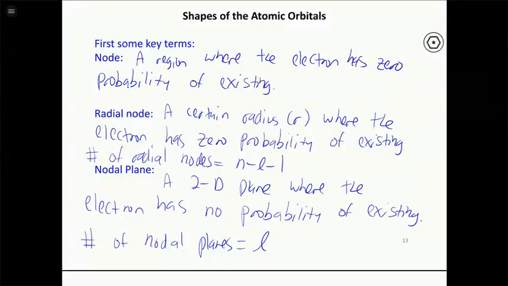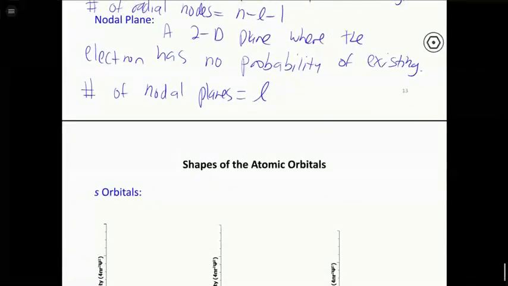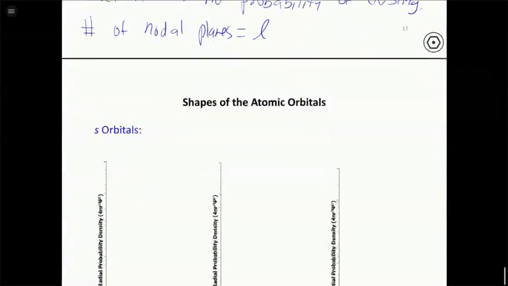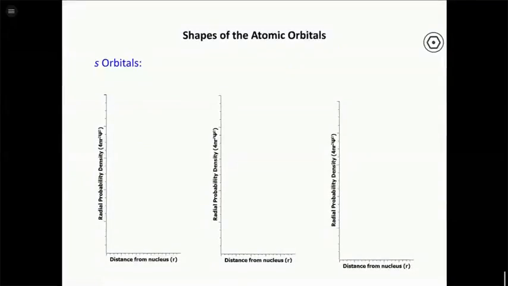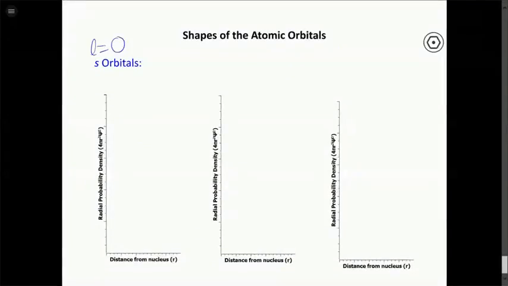All right, so the last thing we'll talk about are the very simple ones, the s orbitals, and we'll talk about their shape a little bit. So when you have an s orbital, L equals 0, and these are going to be spherical in shape, which means they have no nodal planes.